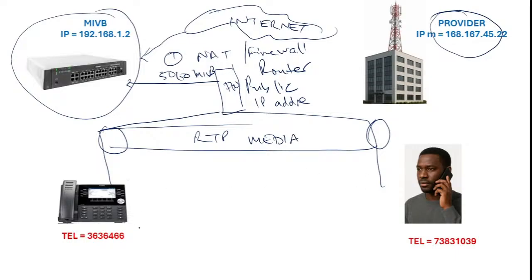the calling number and the called number, the caller and the called. It should be able to allow the IP for this user.